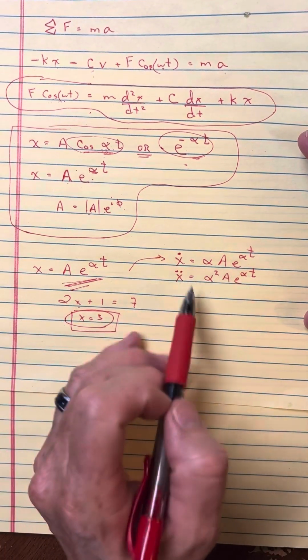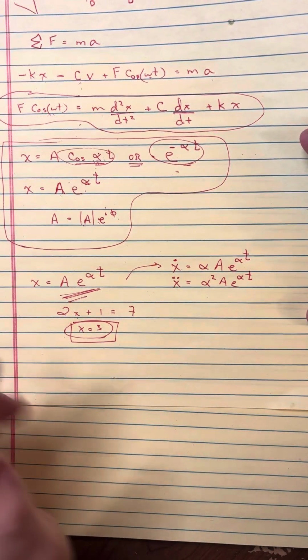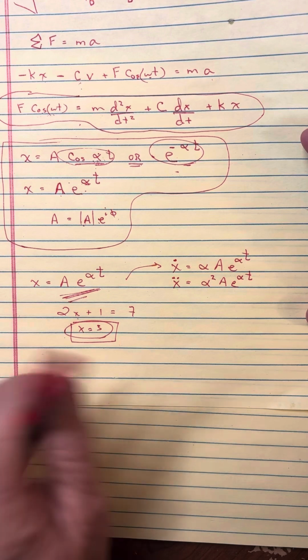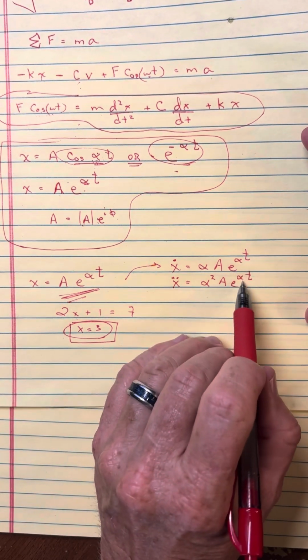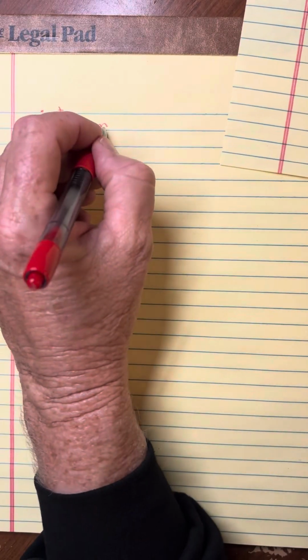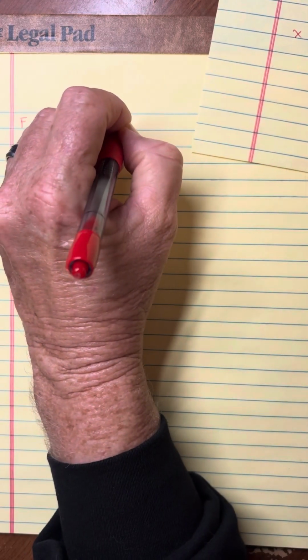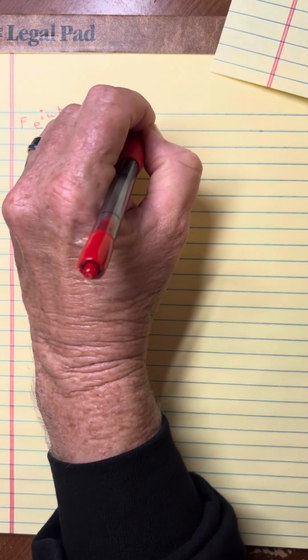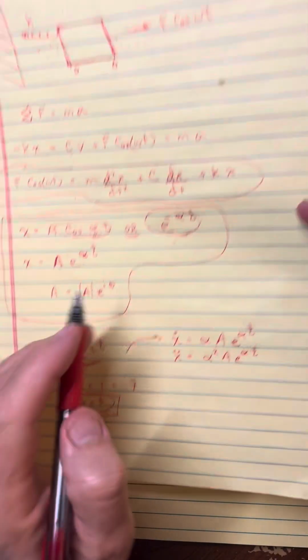And so I don't change the function, I just get the exponential term down in front. Okay, so again, just writing this equation. So this would be m, and then the second derivative would be alpha squared a e to the alpha t.